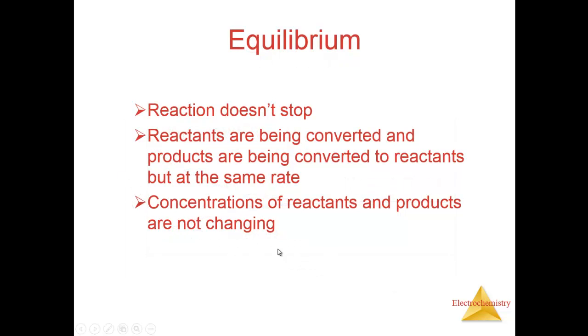So when we're at equilibrium, the reaction doesn't stop, but in fact reactants are being converted into products, and products are being converted into reactants at the same rate. So what you'll see overall is the concentrations of reactants and products are not changing. Okay.